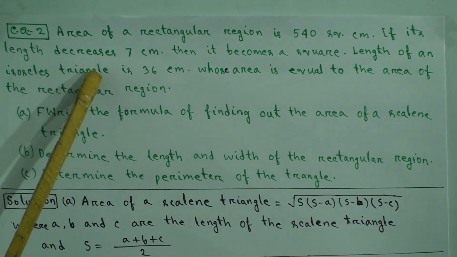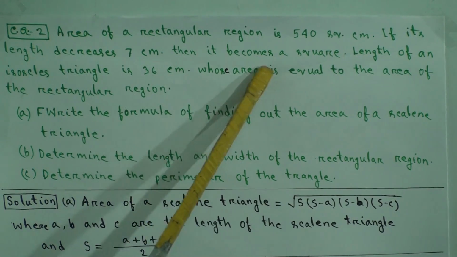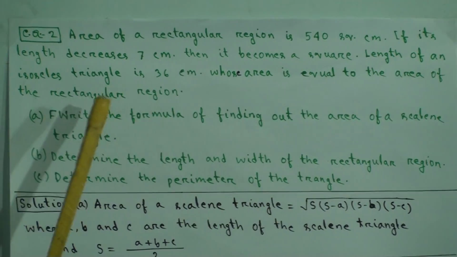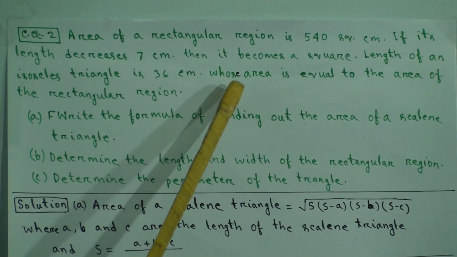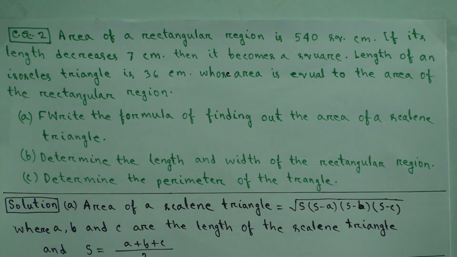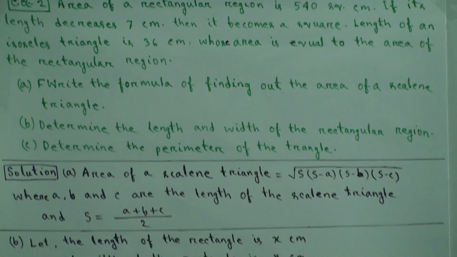If its length decreases by 7 centimeter, then it becomes a square. The length of an isosceles triangle is 36 centimeter, whose area is equal to the area of the rectangular region. Now, A number question, write the formula. Dear students, it will be right.